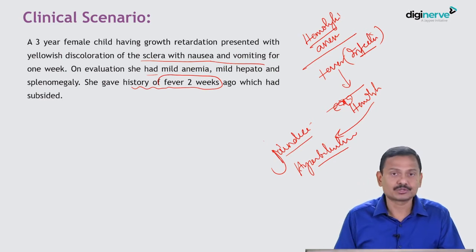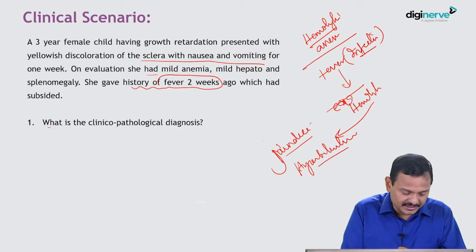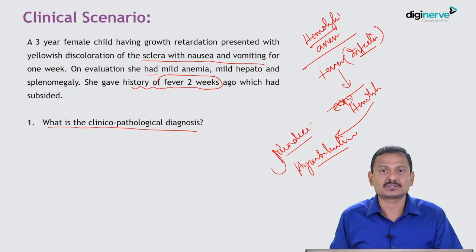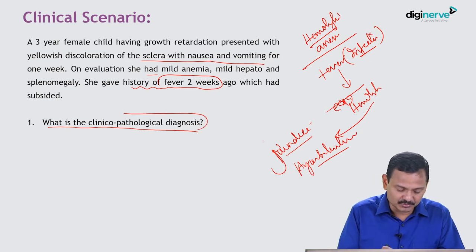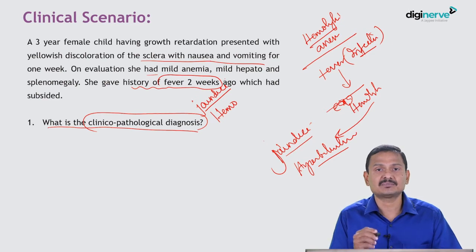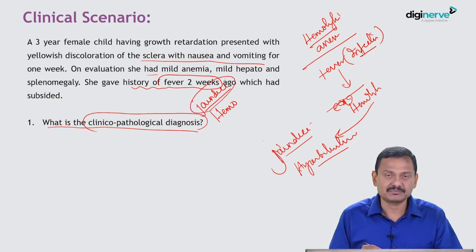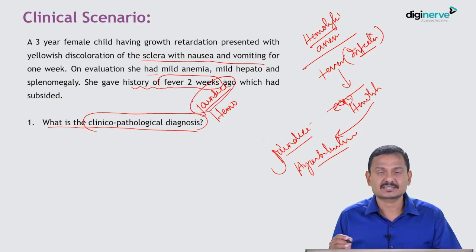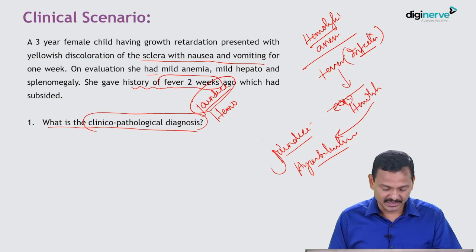So now if we go to our first question, that is what is the clinico-pathological diagnosis, then it is most likely a hemolytic anemia. So she has jaundice. This is the clinical manifestation. Again, please remember that jaundice is not a disease. Jaundice is just a manifestation, and that will be very clear when we discuss the subsequent 2 case scenarios also.